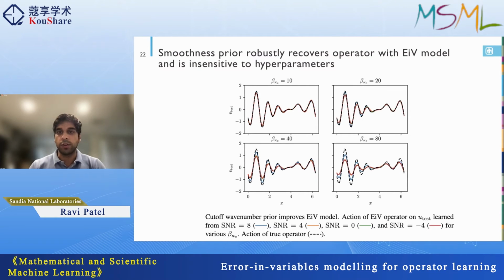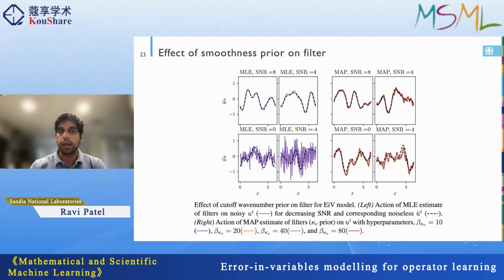And even when we vary beta, we're able to recover the Burgers operator over a wide range of hyperparameters, only failing really at very high betas. Then we could look at how our smoothness prior has affected the filter. Now the recovered filter actually does low pass filtering for all of these signal to noise ratios.